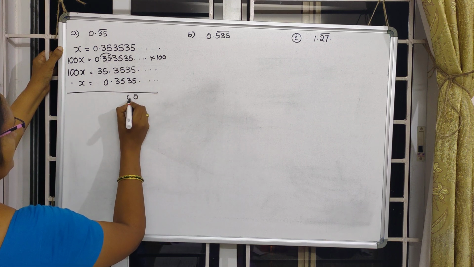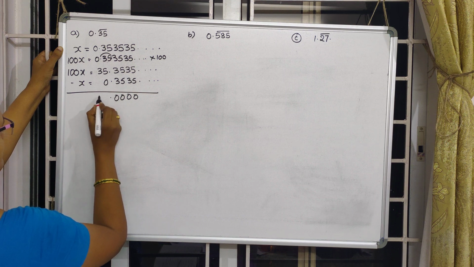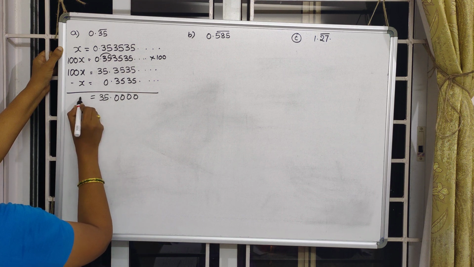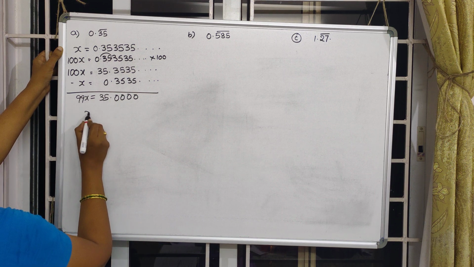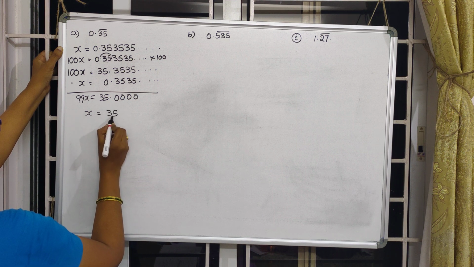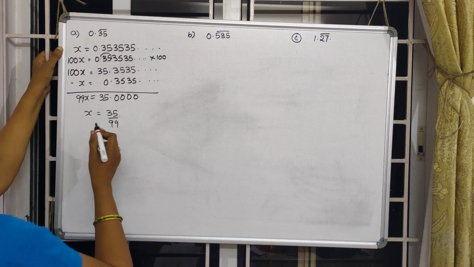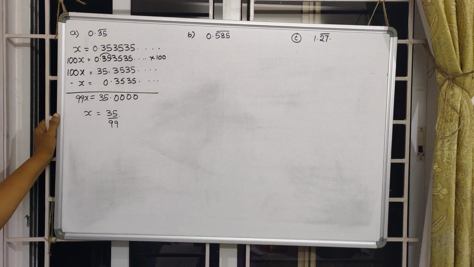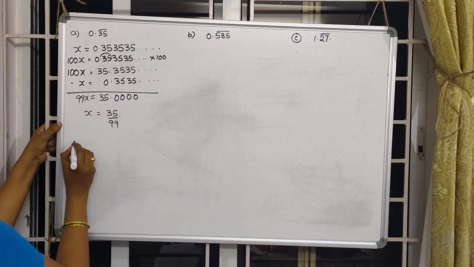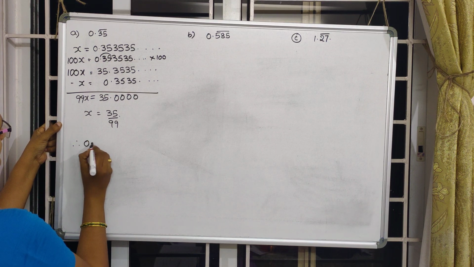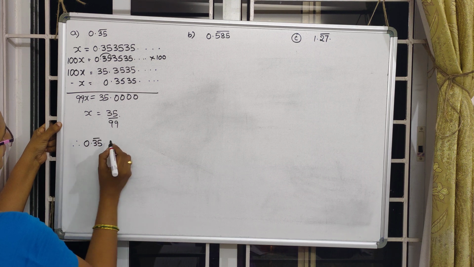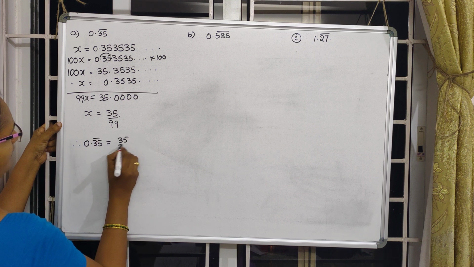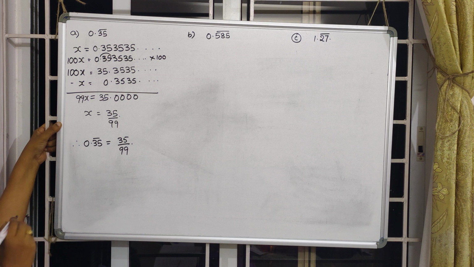Here 0, 0, 0, 0, 35 equals 99x. x equals 35 upon 99. In those two numbers, nothing will go for cancellation. Therefore, the rational number for 0.35 bar is 35 upon 99.